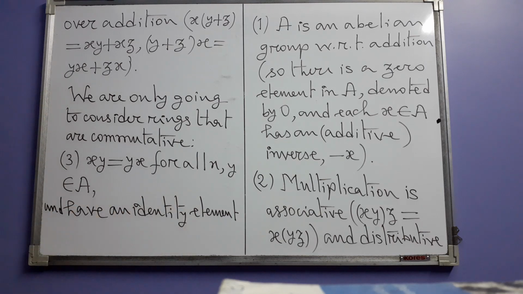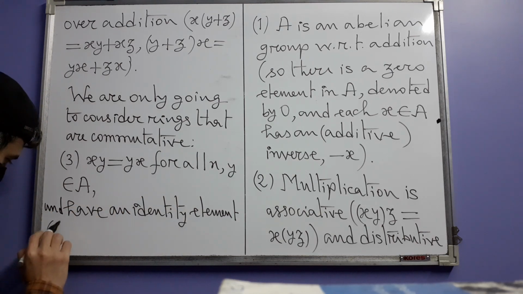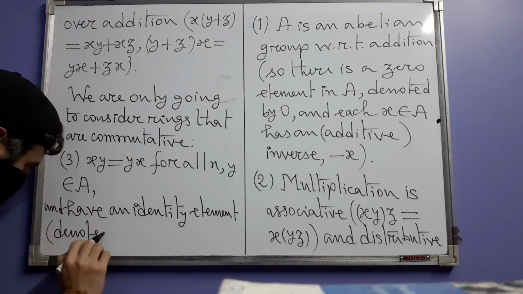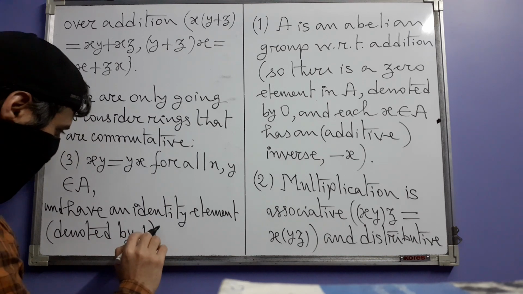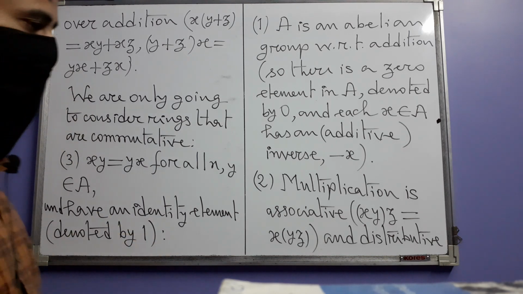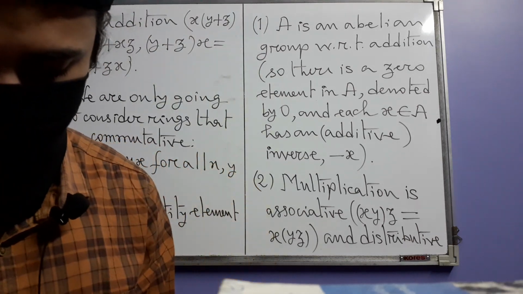We require this as well. We are only going to consider rings which are commutative and have an identity element.